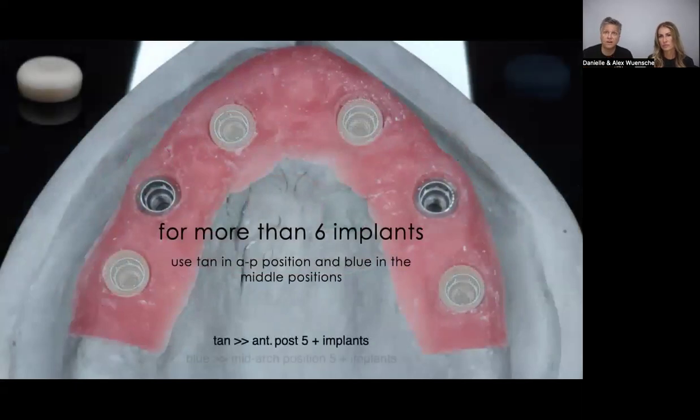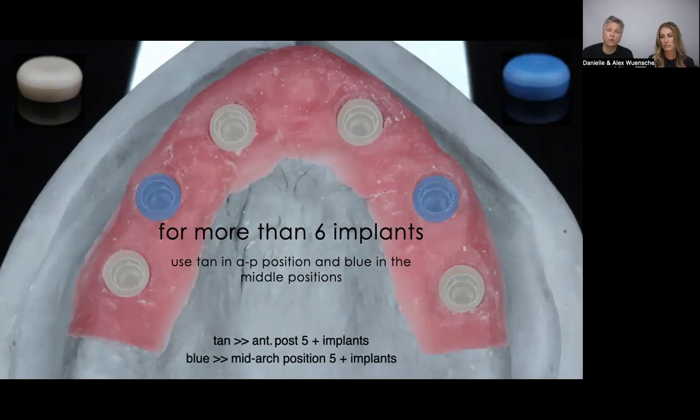You have beige, and then we have 2 blues in the middle. You should follow that protocol absolutely accurately. That's very important, just because that's tested and there's scientific evidence of these results. That would be the ideal holding strength of the hybrid onto the locators without the patient being able to take it out on their own, because that's the goal, right?